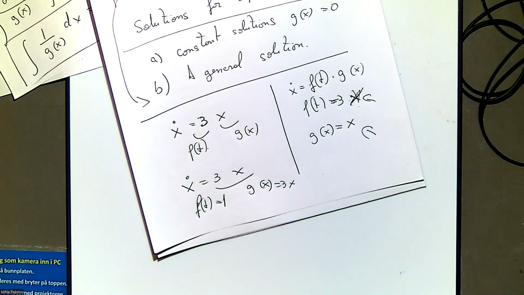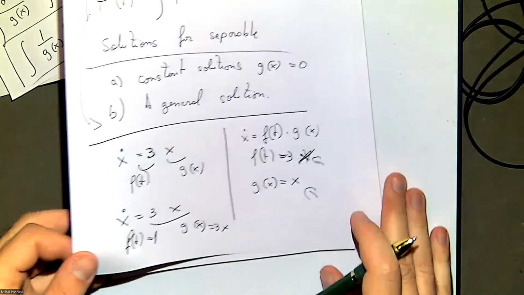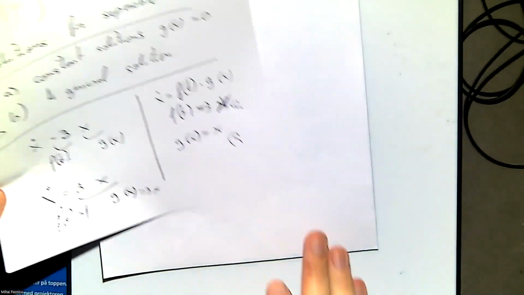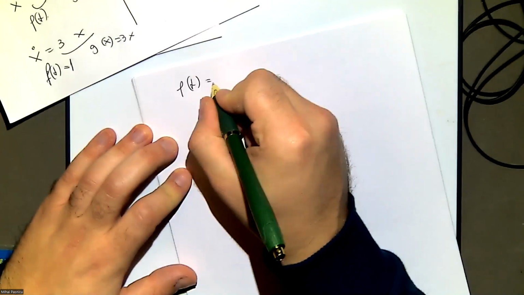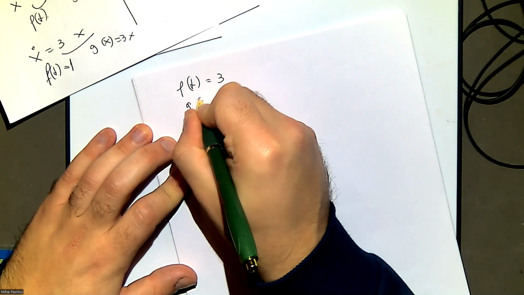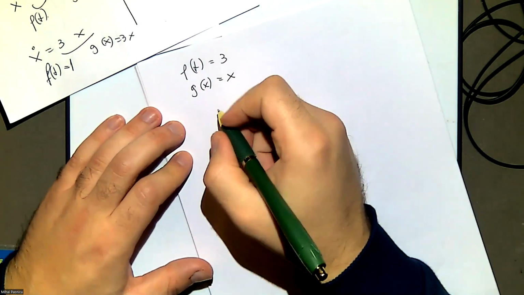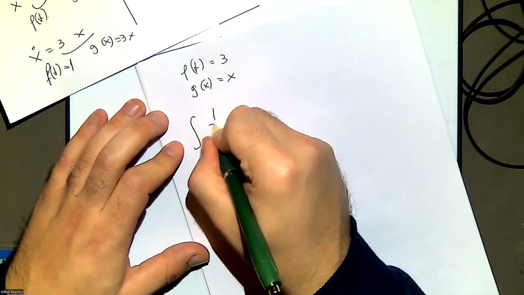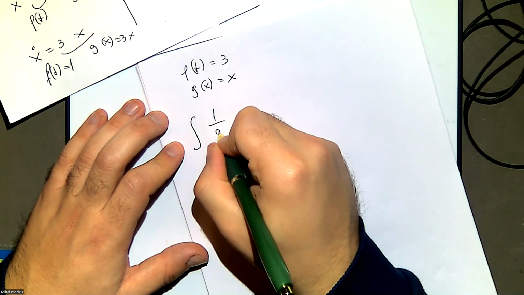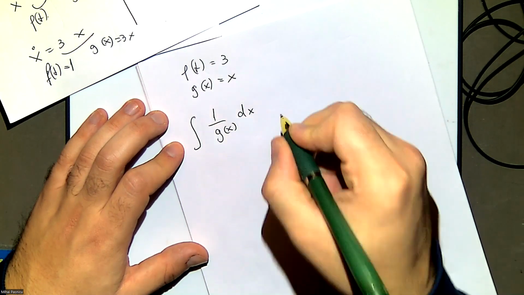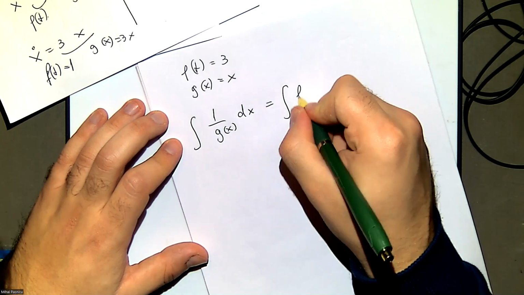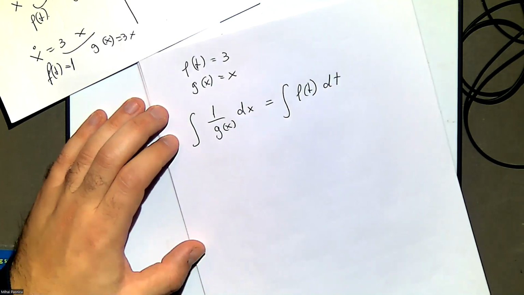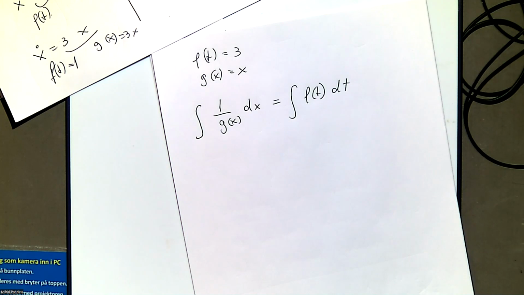It seems reasonable, I think. So just pay attention to that. Now that I have my things, f of t is equal to 3 and g of x is equal to x, I'm just going to apply the formula, which says the integral of 1 over g of x dx is equal to the integral of f of t dt. Any comments?